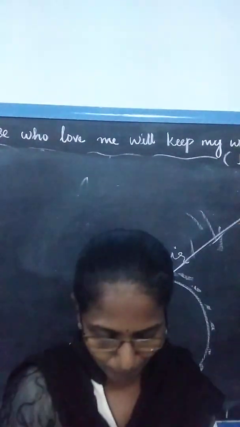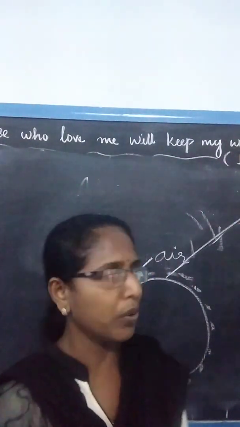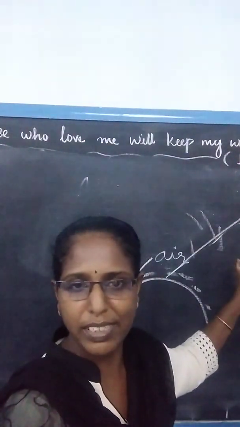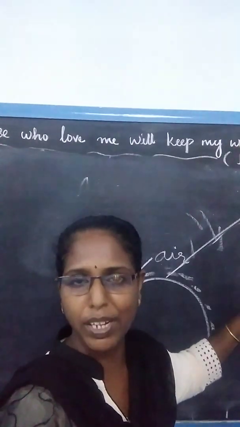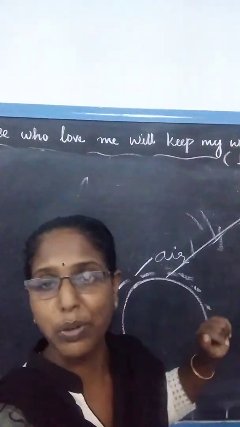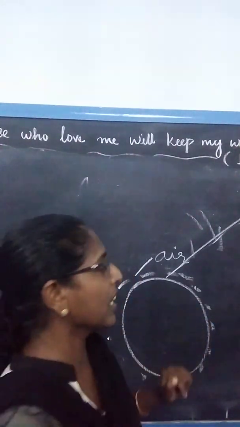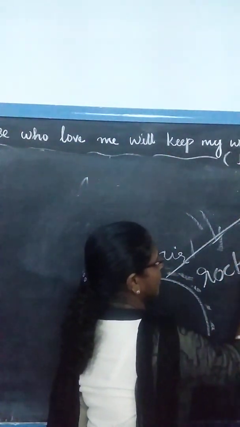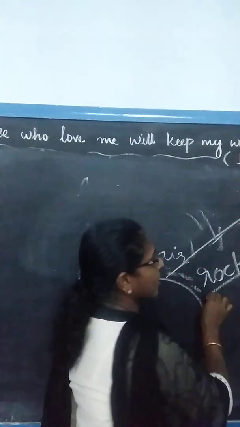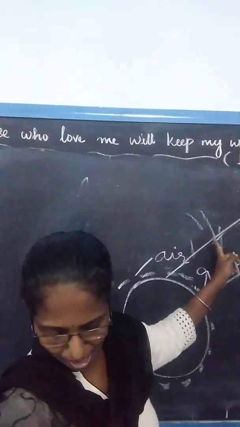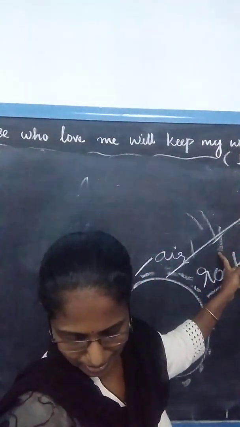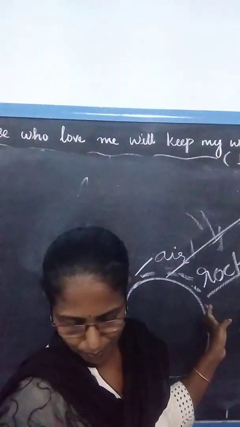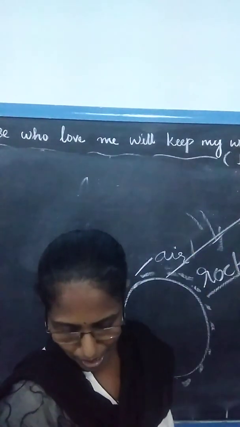So astronauts, how do they go to space? Can they travel in the car? No. In the aeroplane? No. So they are using rockets. Space travelers use rockets. And different means of transport help us to travel from one place to another.